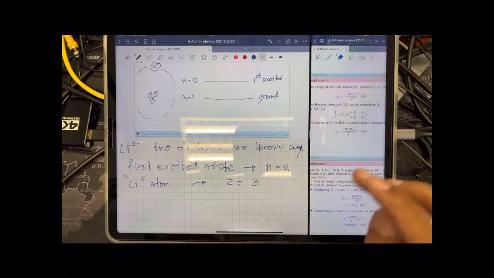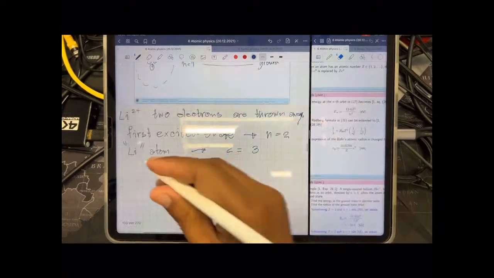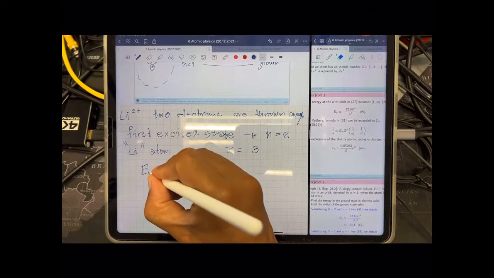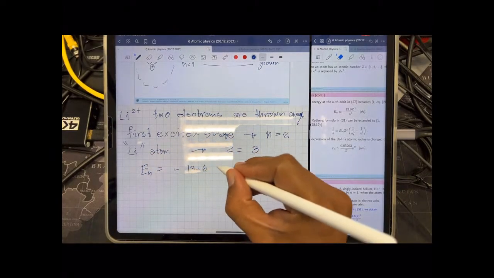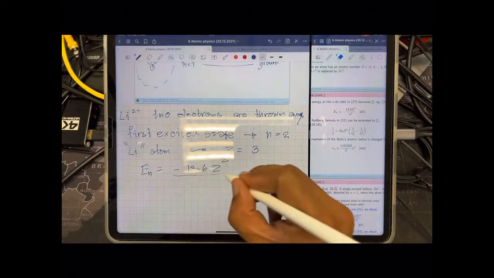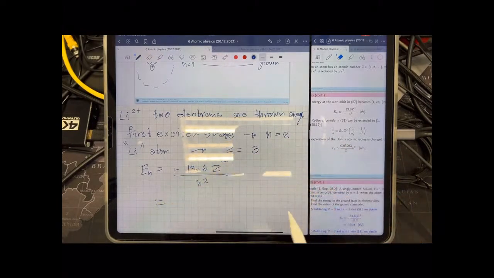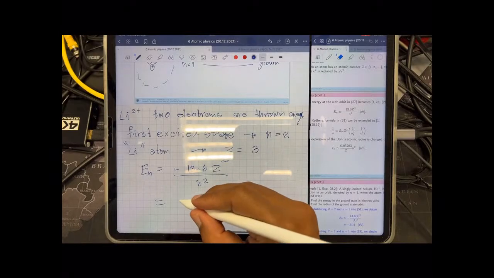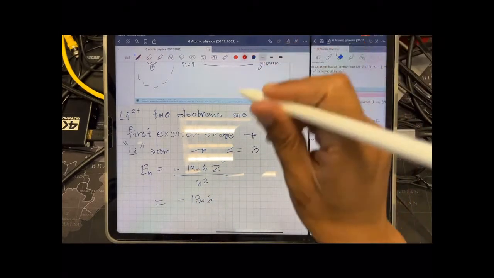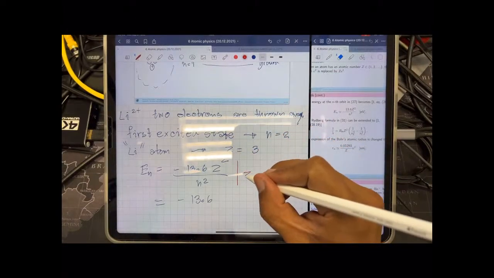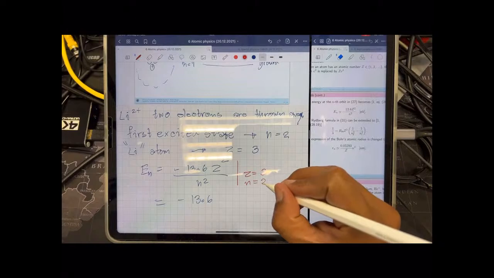Let's get into the detail. They want to know the energy state: E_n equals negative 13.6 Z squared divided by n squared. We substitute Z by 3 and n by 2.